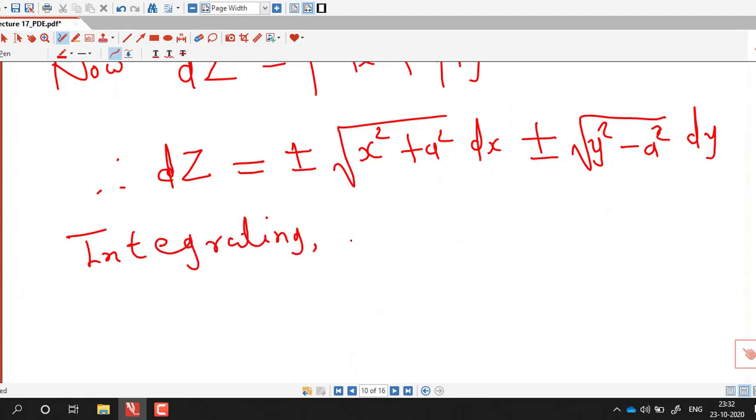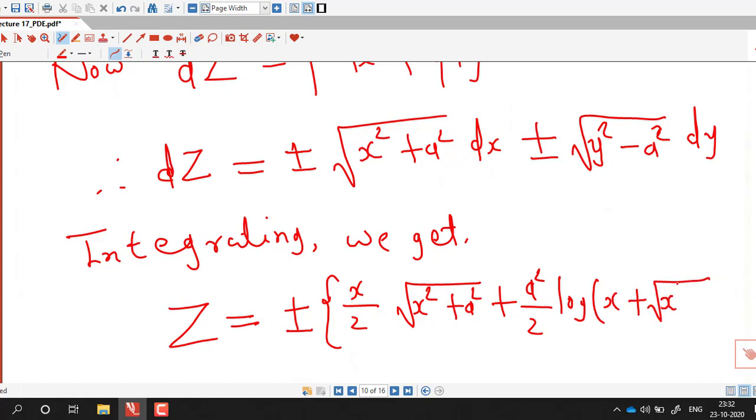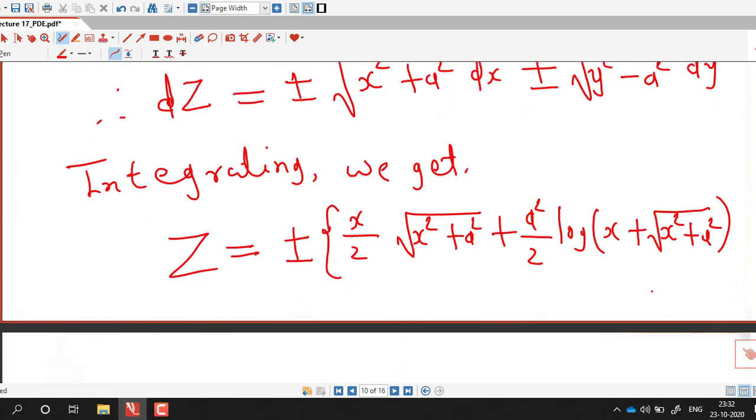So integrating, we get integral of dZ is capital Z. Integral of this x square plus a square is plus or minus x by 2 under root x square plus a square plus a square by 2 log of x plus under root x square plus a square, plus constant of integration b by 2.